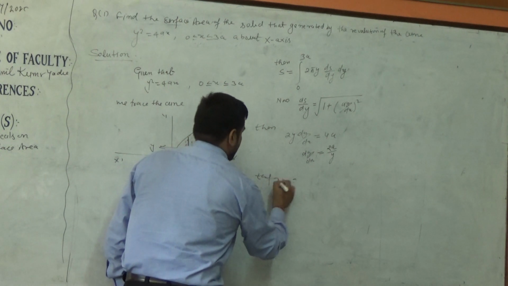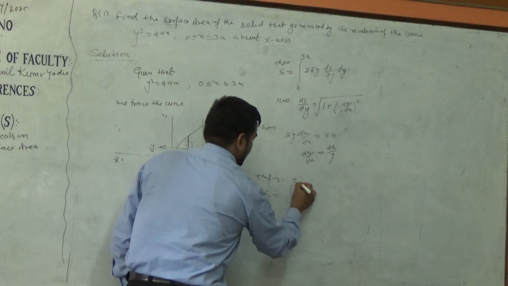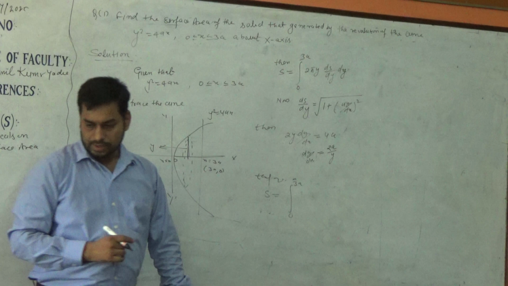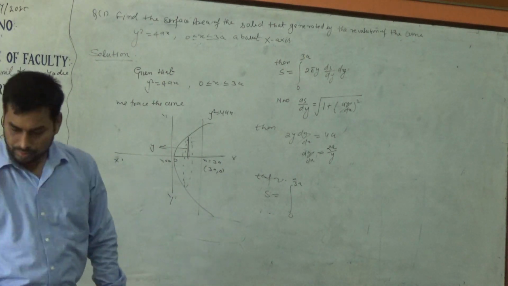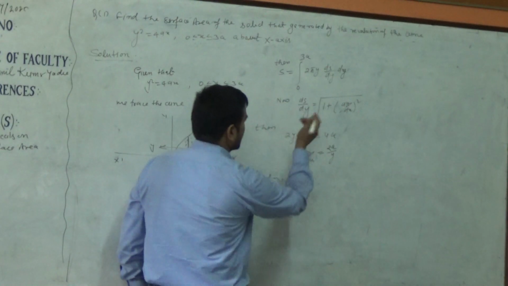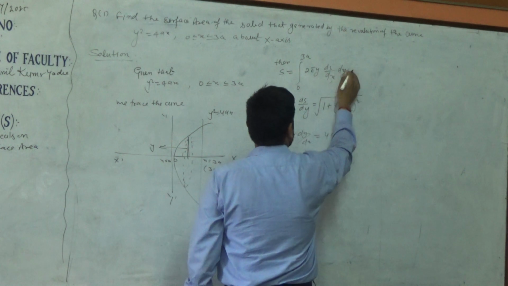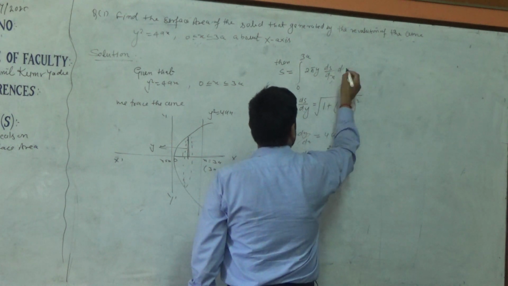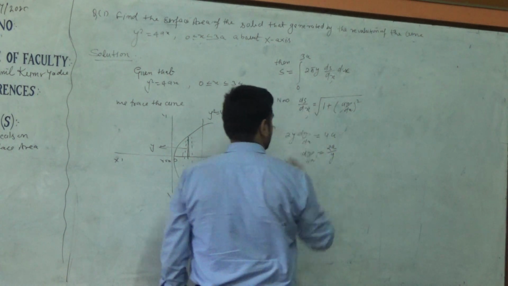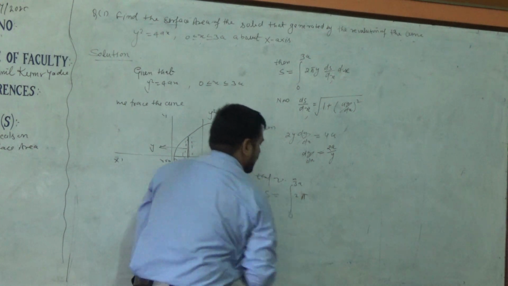Therefore, the surface area is the integral from 0 to 3a of 2 pi y times under root 1 plus dy by dx whole square, dx.